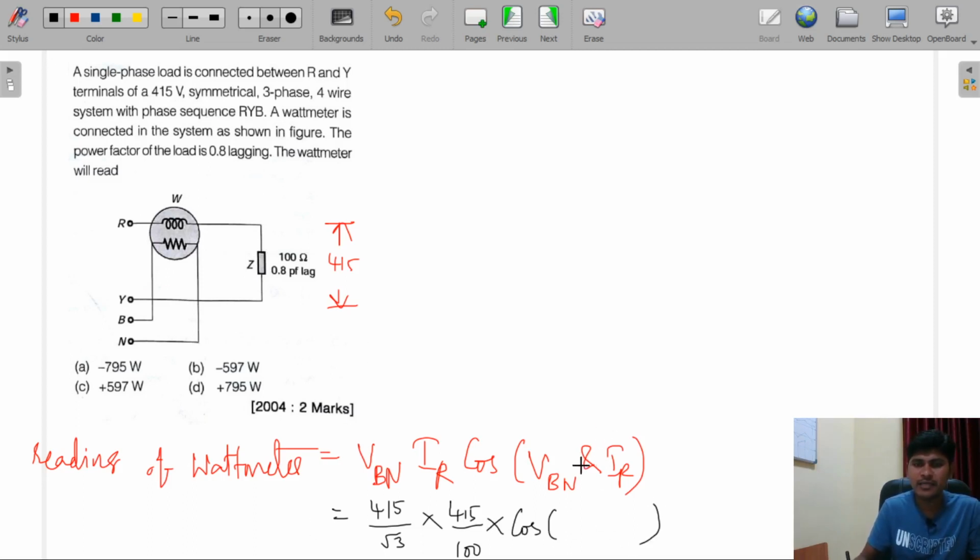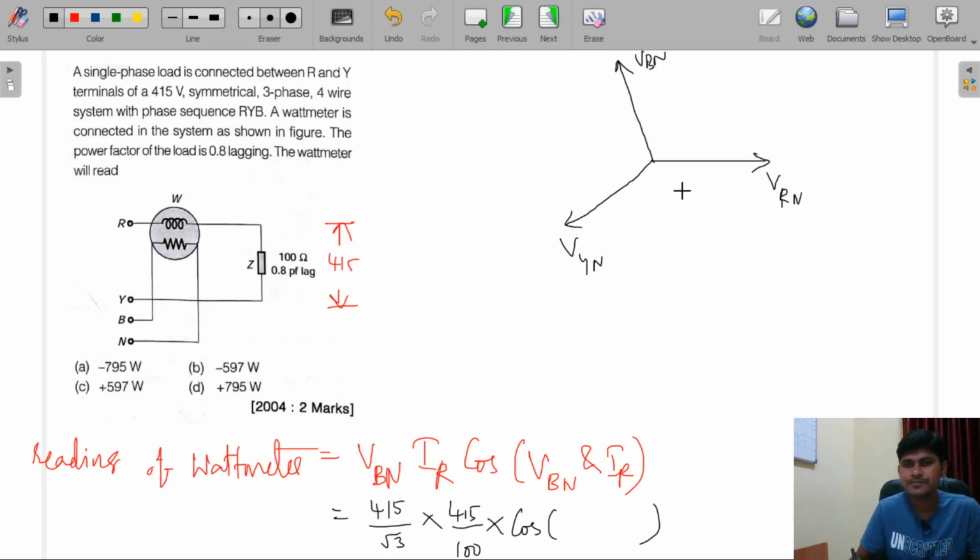Now let us find the angle between these two. VBN lags VRN by angle 120 degrees. This will be VBN.